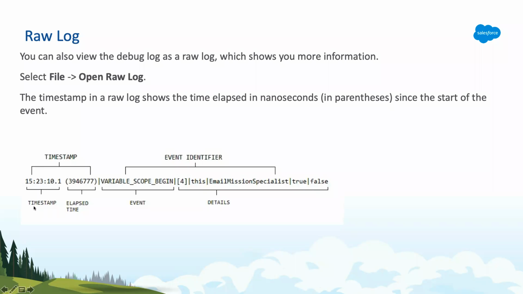In the timestamp, it will show you the timestamp, as well as in curly brackets, the elapsed time. In the event identifier, the first portion is shown as variable scope begin.